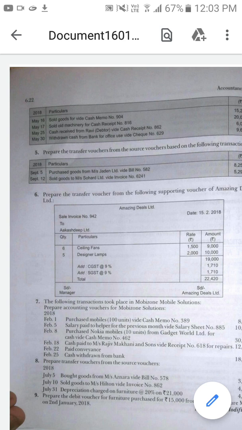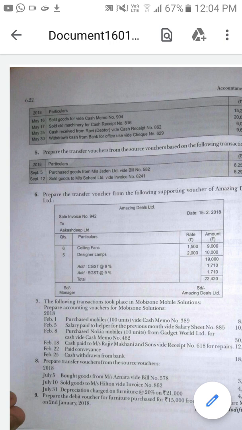In this sum it is a credit sale. Credit sales means we have to debit the name of the person and credit the sales account. This is the credit sales format. So in this sum, who is the purchaser? Akash Deep Limited.